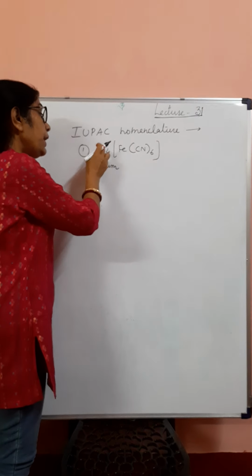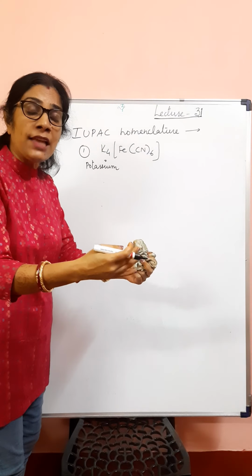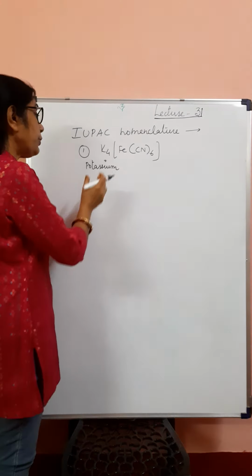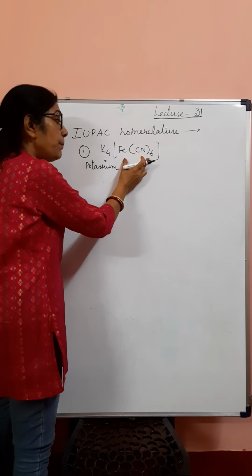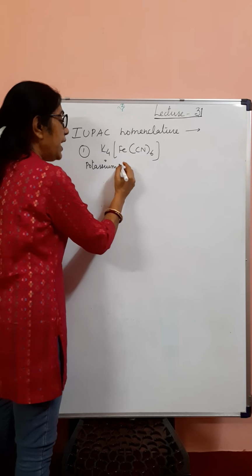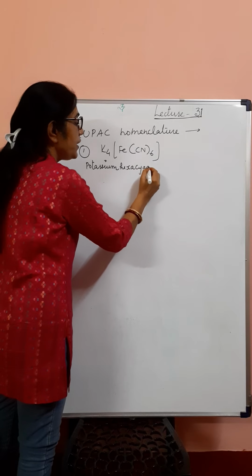Either it is K1, K2, K3, K4, we are going to write potassium. Similarly, if it is sodium, whichever metal is there, you write only the metal. Inside the bracket, now ligands are to be named first. Since 6 cyanides are there, what do we write here? Hexacyanido.